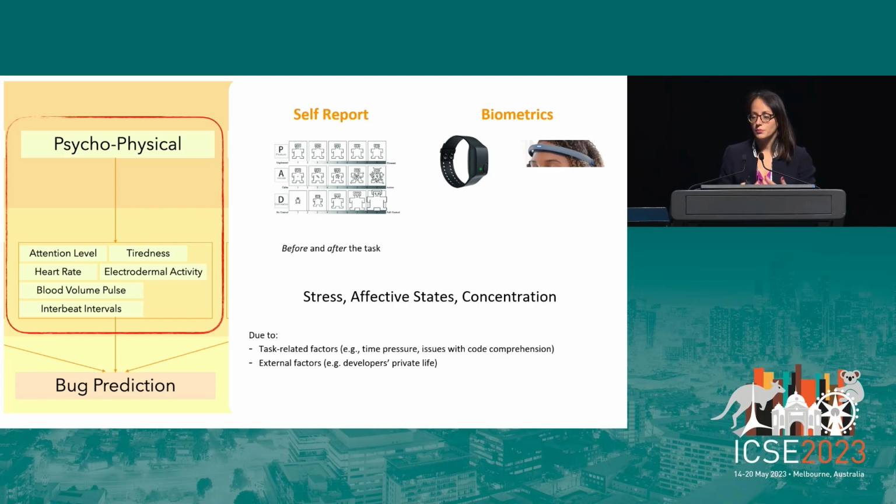Previous work has shown that peaks of cortisol, which is the stress hormone, positively correlate with peaks of GSR. So it could be an indication that a person is in trouble, for example. So this kind of biometrics, and also self-reported emotion, can be an indication of specific affective states or mental conditions that could impair creativity or problem-solving skills, thus inducing better or worse performance while programming.